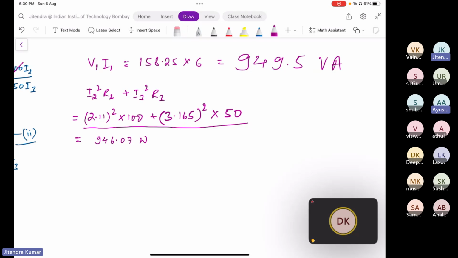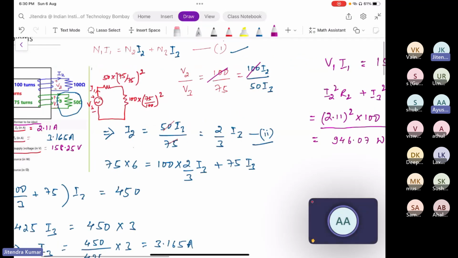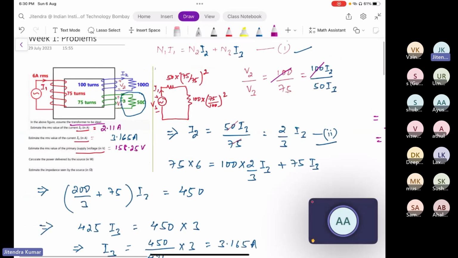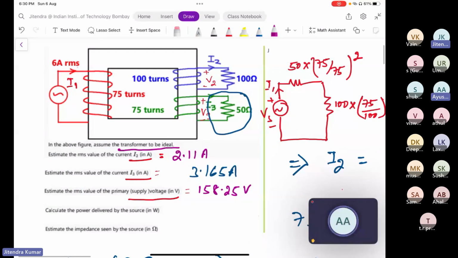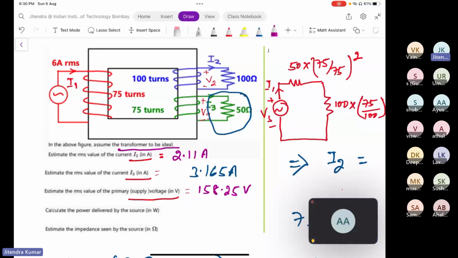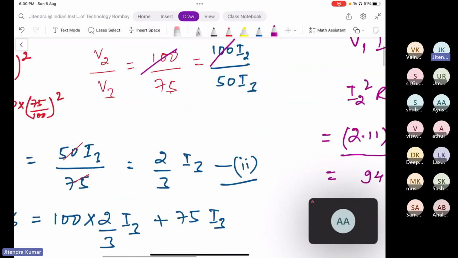How much is the value of I1, sir? Just scroll down the screen, sir. I want to see it. 6 amps. I1 is 6 ampere. Yeah, thank you, sir. So that one is correct, 949.5.